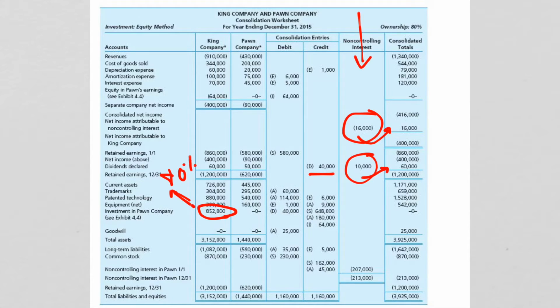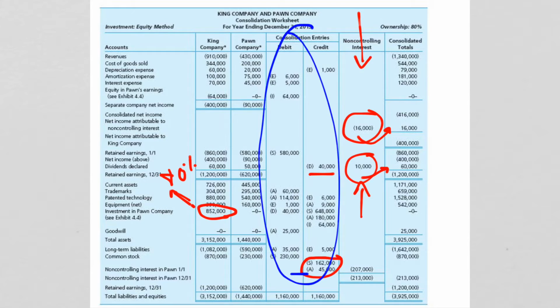So since this is only 80%, they're going to have to come up with the non-controlling interest beginning amount, which is here, but it doesn't account for the non-controlling interest share of income and dividends. That's the way these worksheets and these adjusting entries work. They take care of the non-controlling interest in the actual consolidation entries here, but this is only for the beginning non-controlling interest amount.